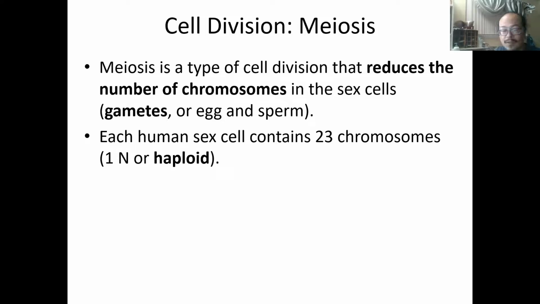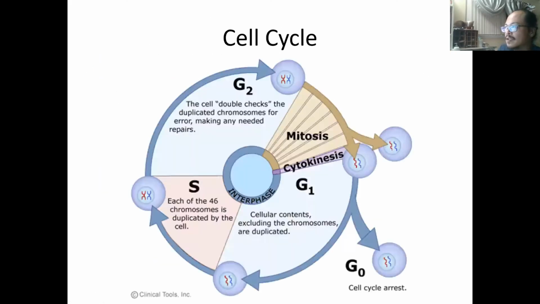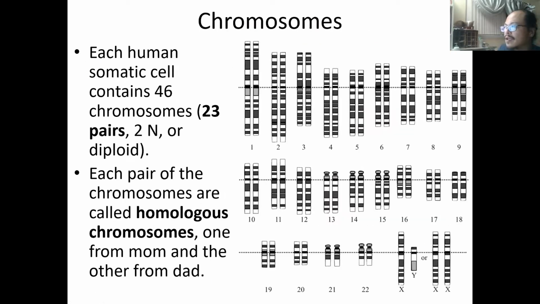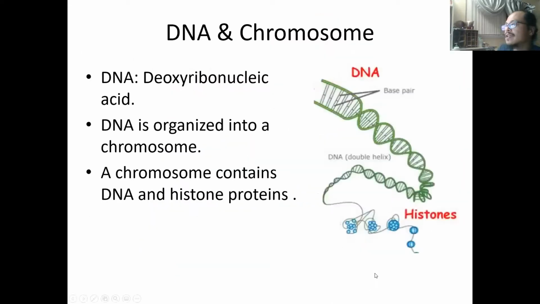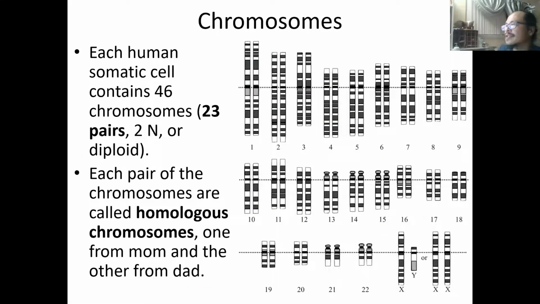For example, the somatic cells, like this one here, you have 23 pairs of chromosomes.